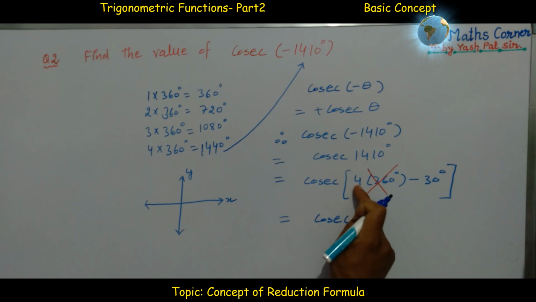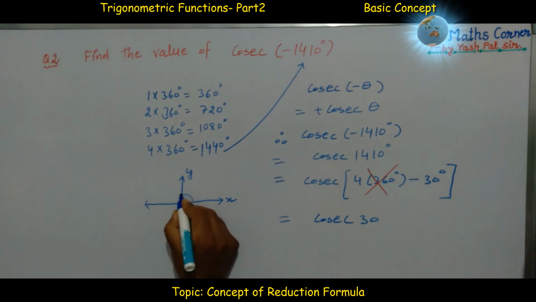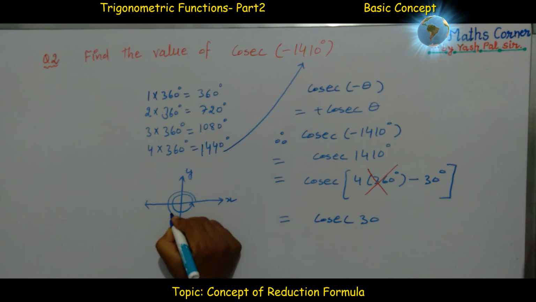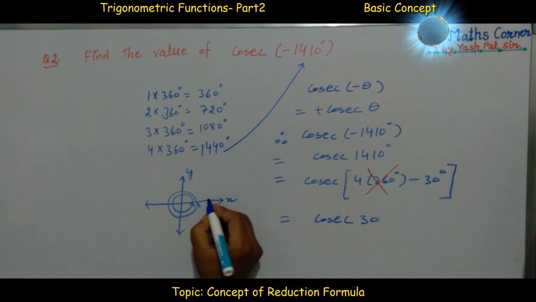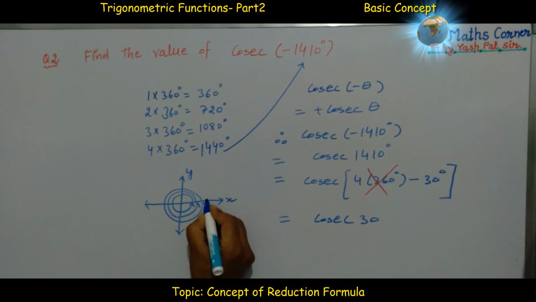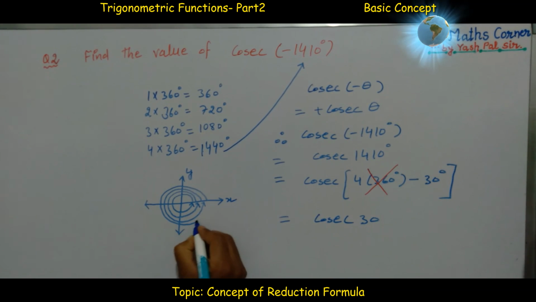Four complete circles: this is one circle, second circle, third circle, next is the fourth circle.